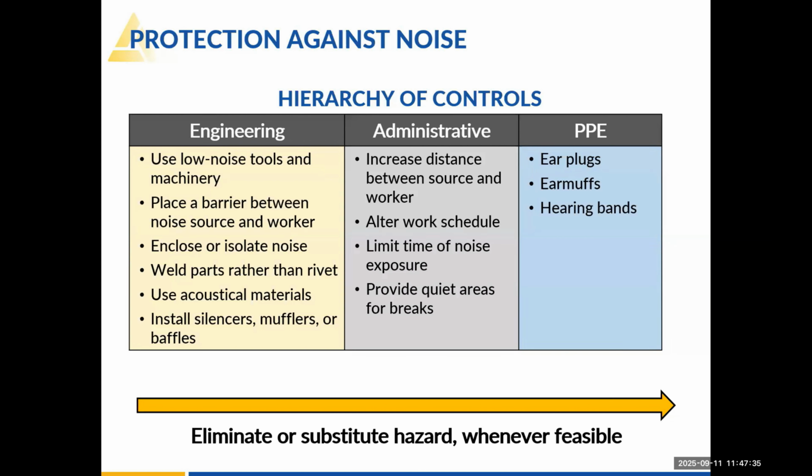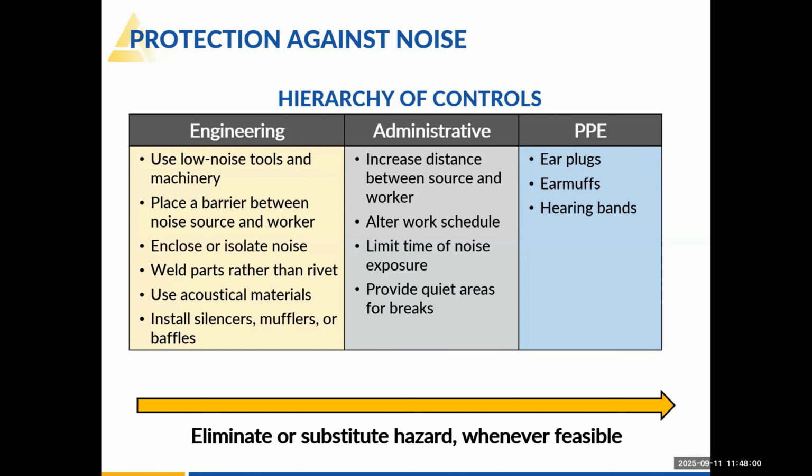But if you handle the engineering administrative steps first, hopefully you get to that point. And if you remember, isolating or enclosing equipment, the sawmill example, the air compressor using the acoustic paneling, all great options. And again, there's many different things you should consider prior to jumping to PPE.